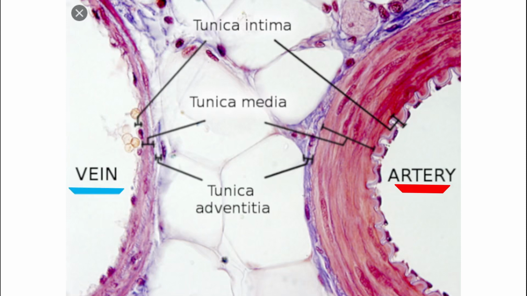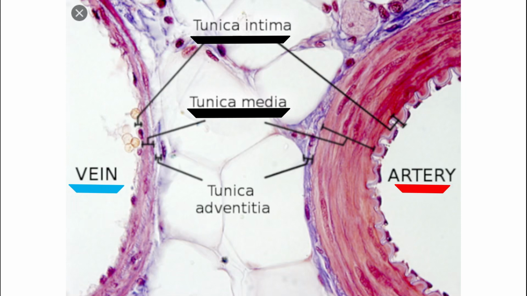Here's an artery and here's a vein, and tunica intima is the same. Simple squamous epithelium, called what in case of blood vessels? It's called endothelium. And then we have the tunica media.